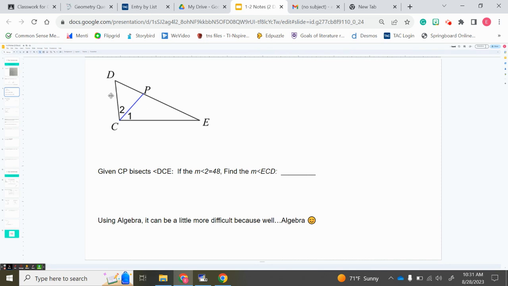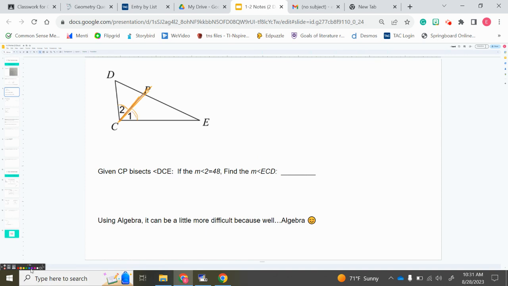We have this triangle DCE, and it looks like we've got angle 1 and angle 2. Given CP bisects DCE. So I'm going to mark some things here to make my life a little easier. They're telling me that CP, this guy right here, is bisecting DCE. So that means this has to be congruent with that.